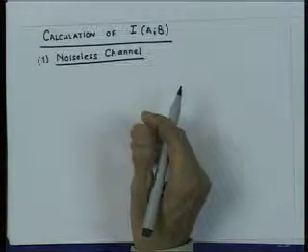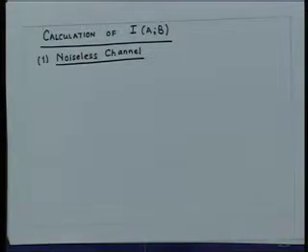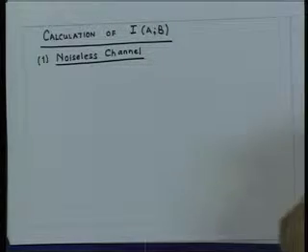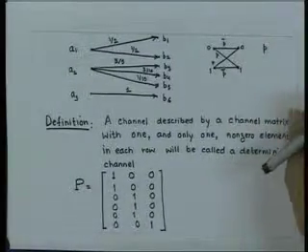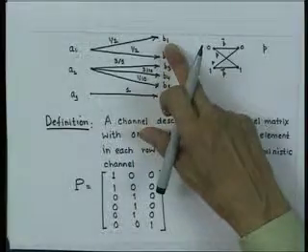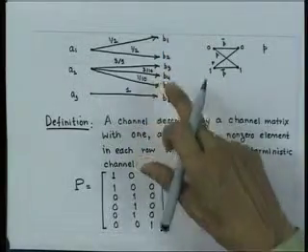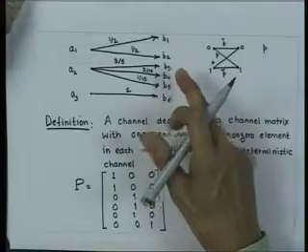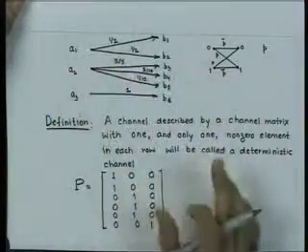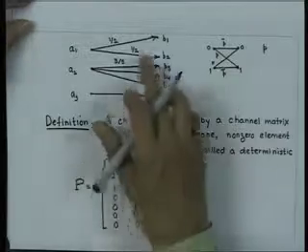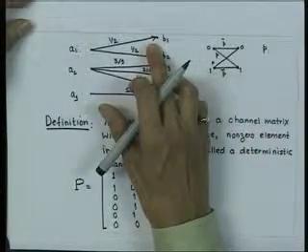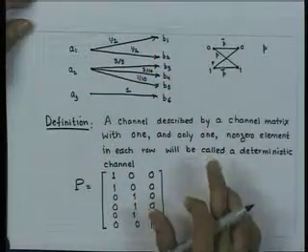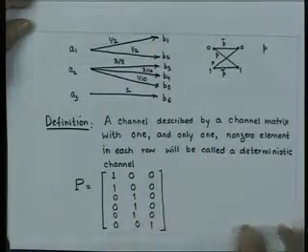Now, in a noiseless channel, an example of which we saw earlier of this form, when we observe the output B j, we know with probability 1 which A i was transmitted. That is, the conditional probabilities of P A i given B j are all either 0 or 1.